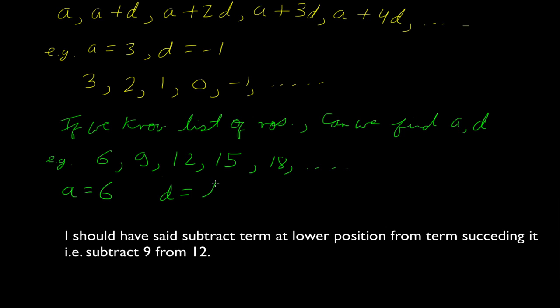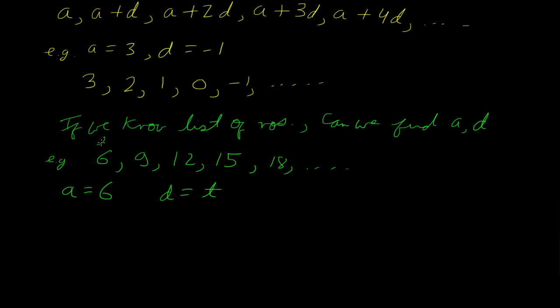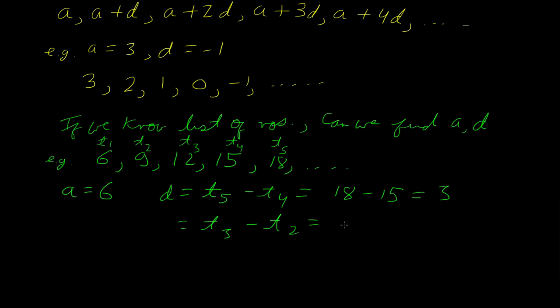So this is T1, this is T2, this is T3, this is T4, T5. D can be T5 minus T4, that is 18 minus 15 equals 3, or T3 minus T2, 9 minus 6 equals 3, or T4 minus T3, that is 15 minus 12 equals 3.